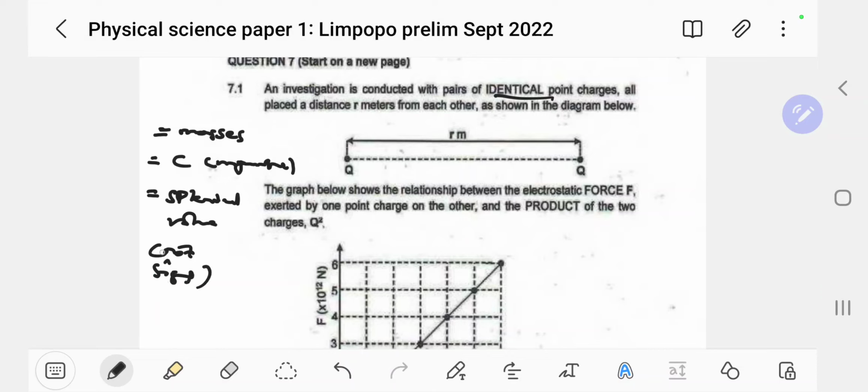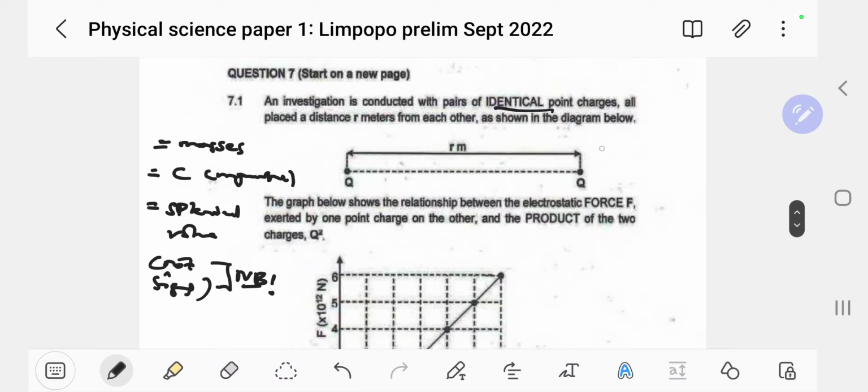Be careful. If signs are not said as such, that's your nota bene. You need to make sure that the signs, if nothing is stated about them, it is not implied in that identical. Identical means mass, the coulombs, meaning the magnitude of the charge, but not the sign of the charge. Of course, the spherical volume will be the same as well.